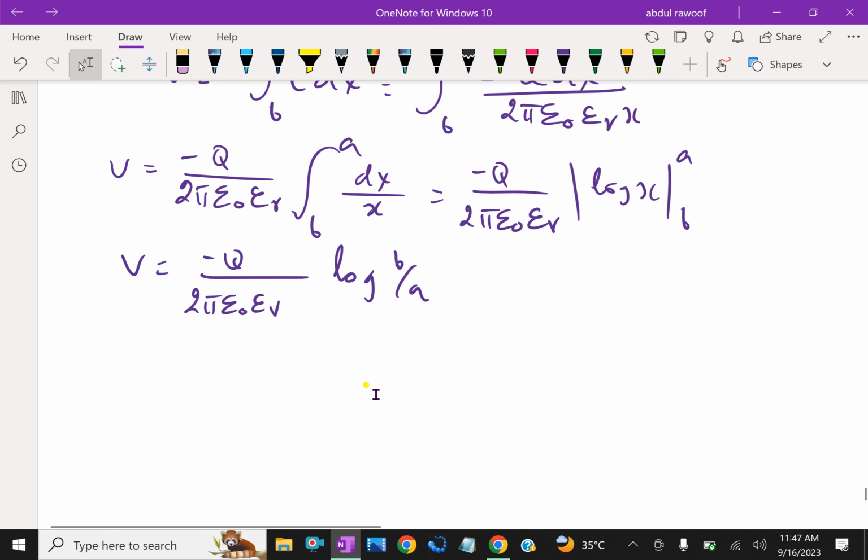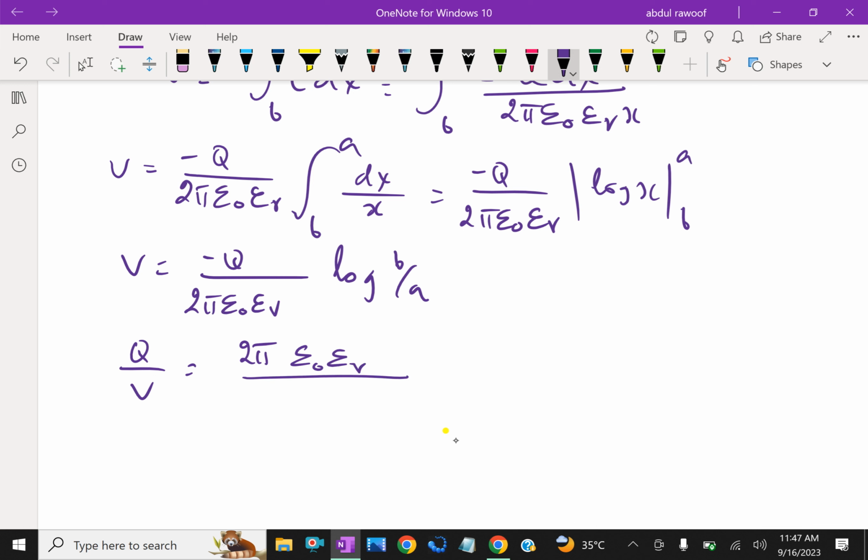Now q by V is the capacitance, that is 2 pi epsilon 0 epsilon r over log e base b by a.